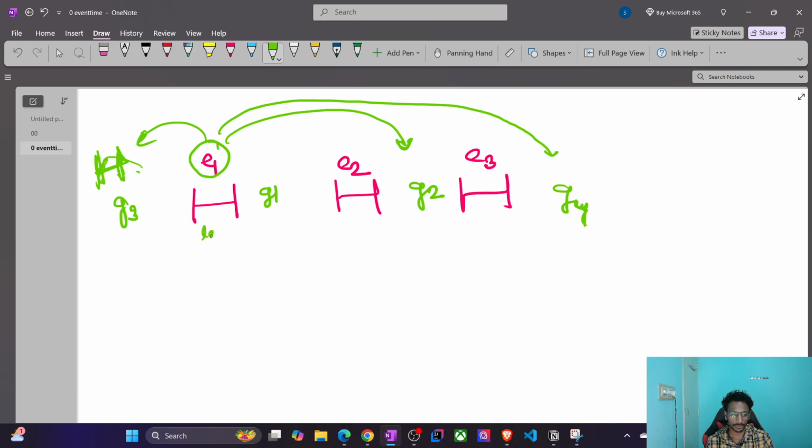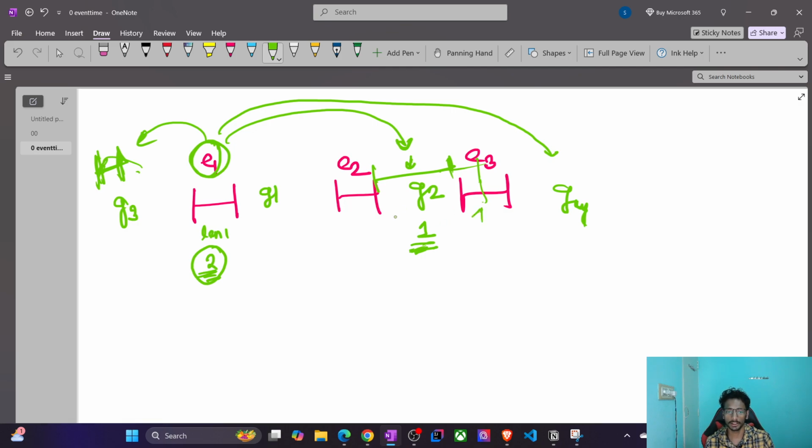Suppose this event has length 2, and gap 2 is 1. Can I place this event in this free time? No, because the duration of this event is 2, but my gap is 1. We have to reschedule in such a way that the meetings are non-overlapping. If we shift this event here, one unit of time will overlap with event 3.